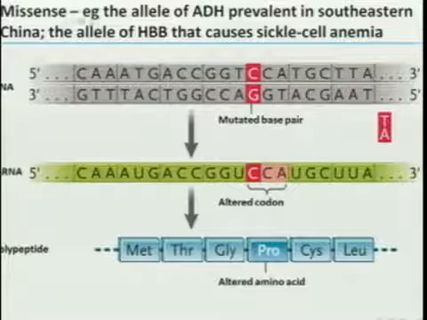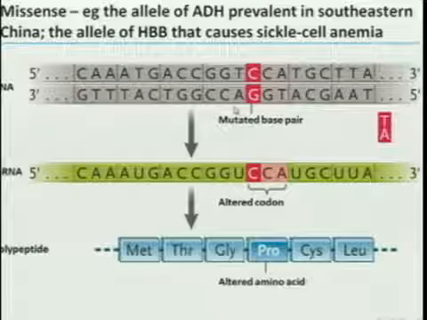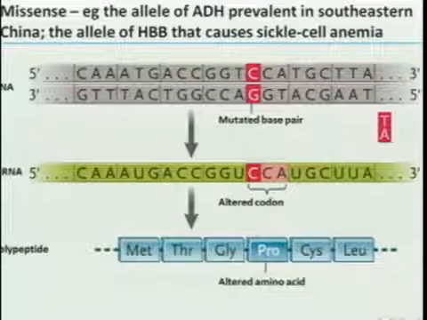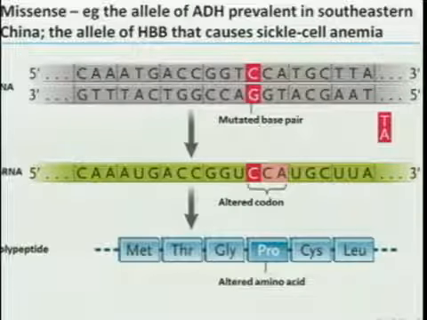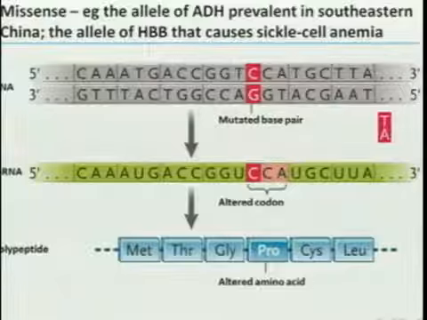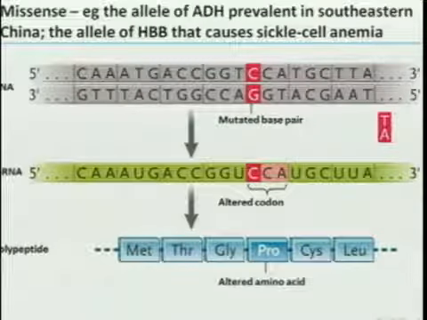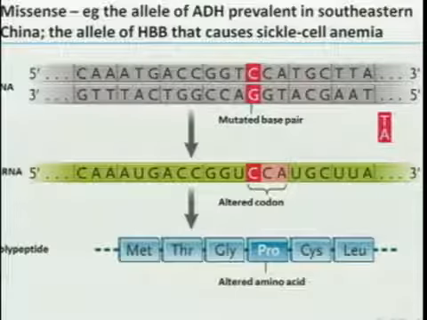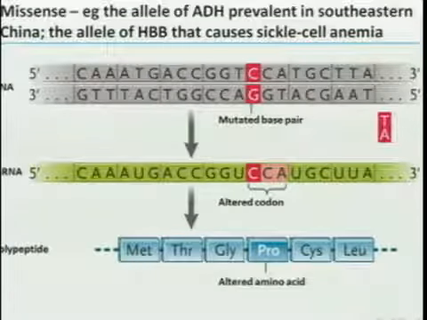Why is there this title over this picture? Because if you were to look at the sequence of alcohol dehydrogenase in somebody from Northern Europe, thoroughly enjoying his mid-afternoon beer number 4, and somebody from southeastern China who turns red in the face from just a sip of that beer, you will see a similar type of change, a missense change.